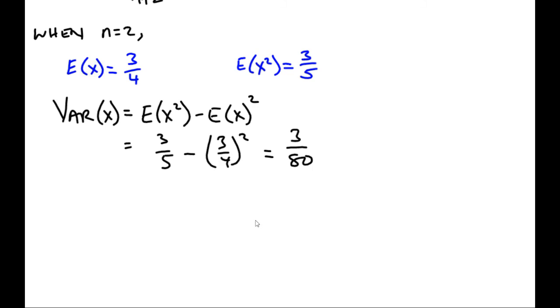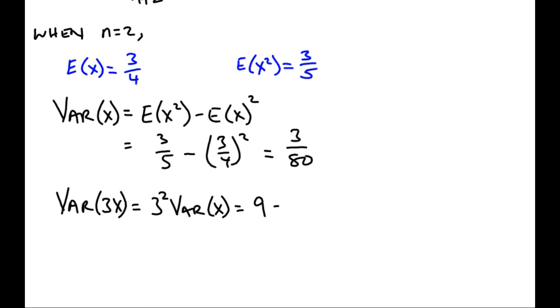If we go ahead and use expectation algebra from S1, the variance of 3x equals 3 squared times the variance of x, which in this case is going to be 9 multiplied by 3 over 80, which leads to our final answer, 27 over 80.